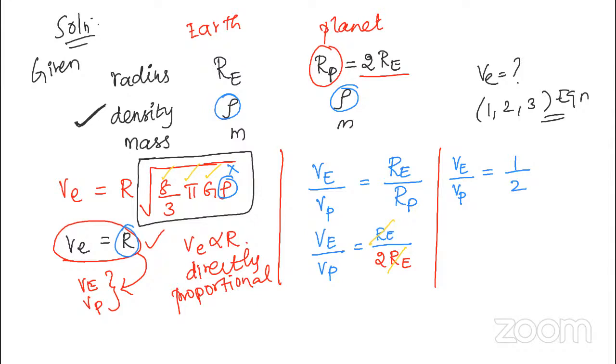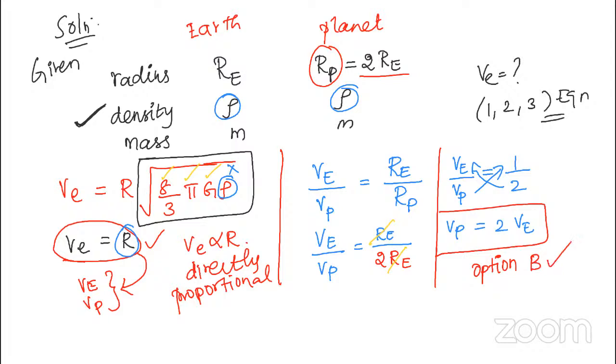So let us see which option is chosen. Bringing this to the other side, VP is equal to 2 into VE. So which option is right? Yes, it is absolutely option B. Option B is the right one.